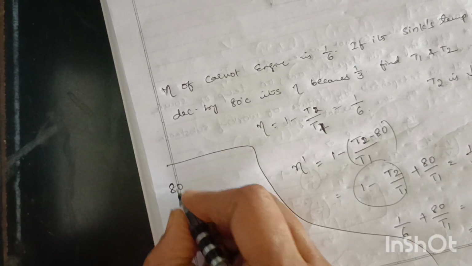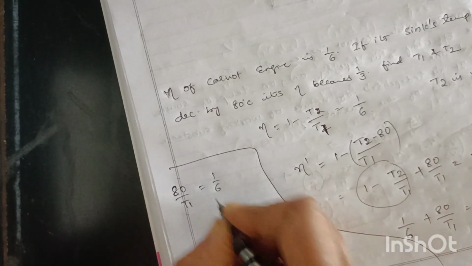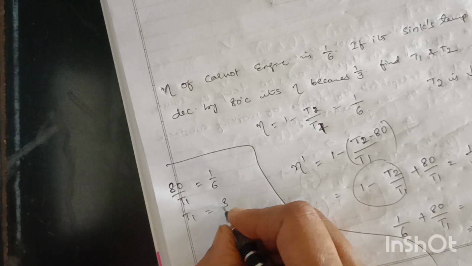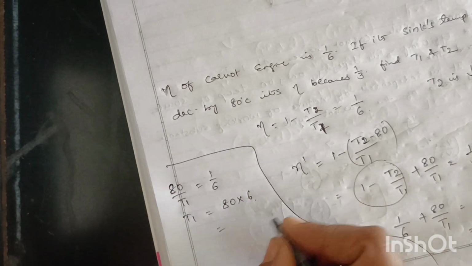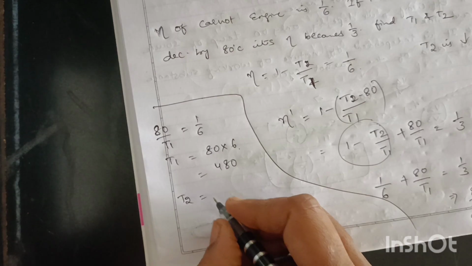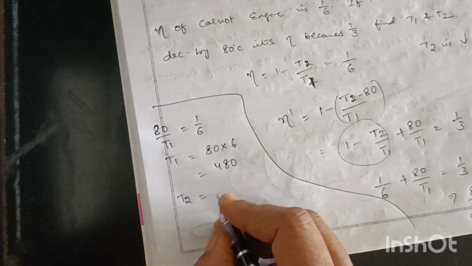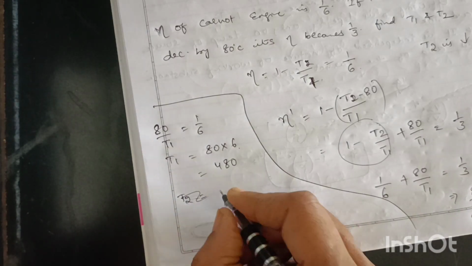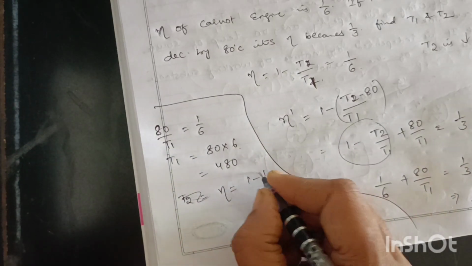So 80 by T1 equal to 1 by 6, T1 equal to 80 into 6, 480. Now T2 is how much? From this I'll write eta is equal to 1 minus T2 by T1.